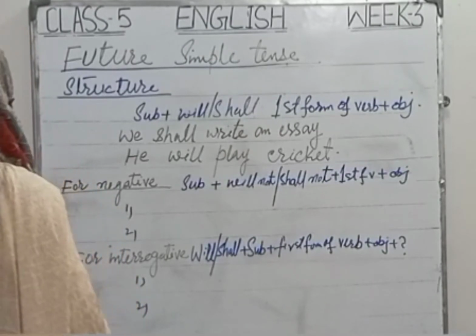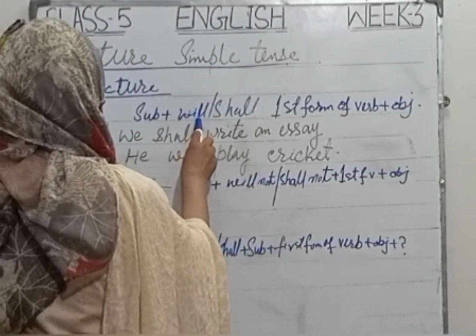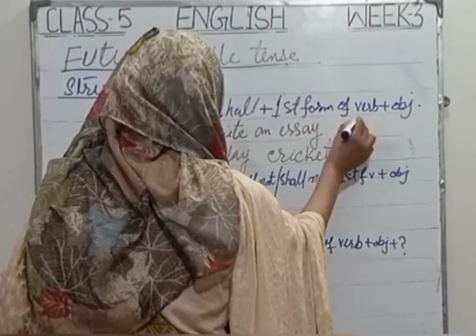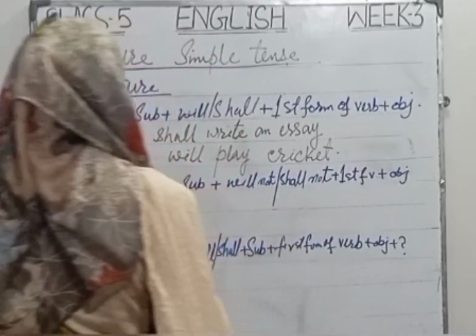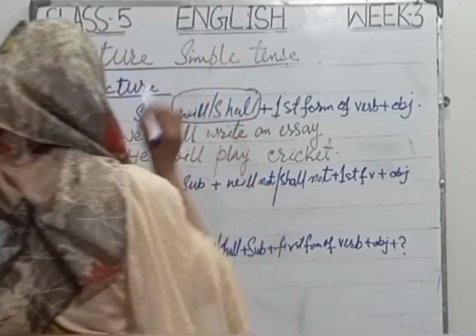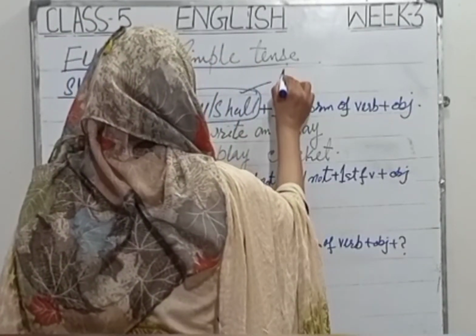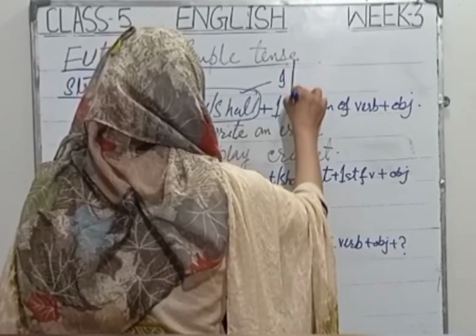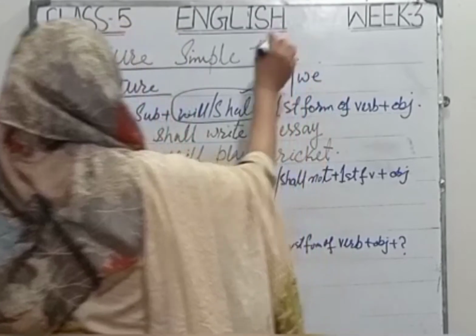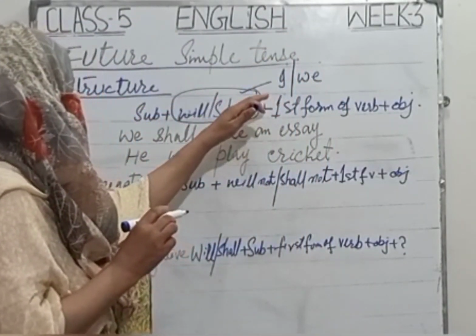We use future simple tense to express an action which will happen in future. The structure of future simple tense: subject, then auxiliary verb will or shall, then first form of verb and object. This auxiliary verb will or shall, how will we use it? Shall is used with first person singular and first person plural. You can use I shall or we shall.